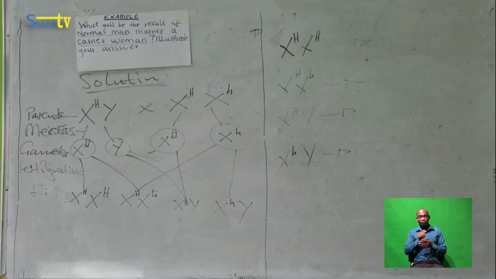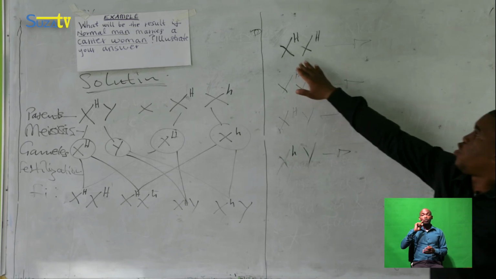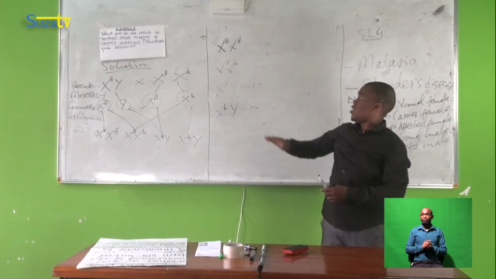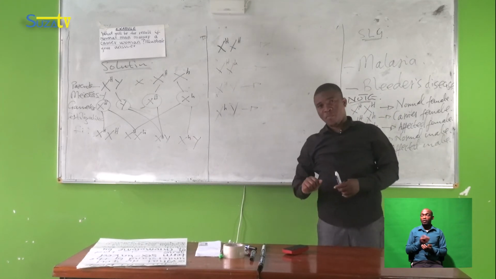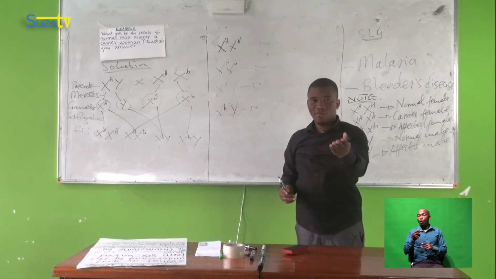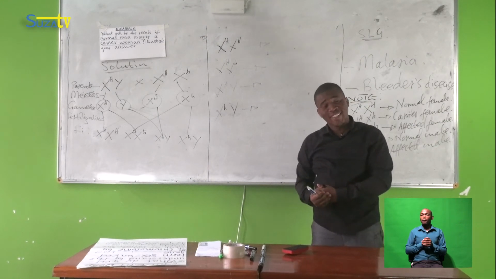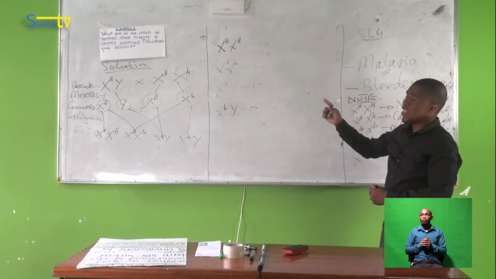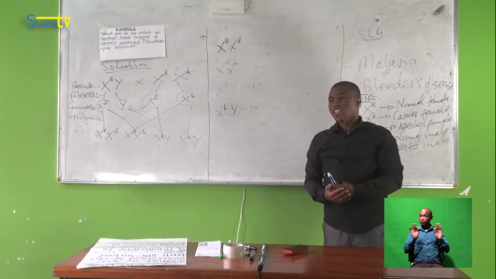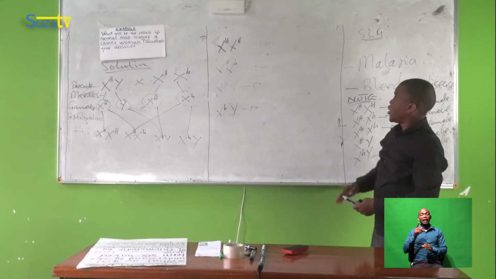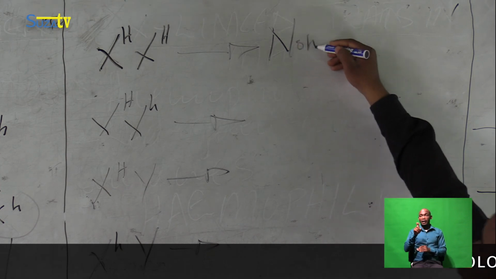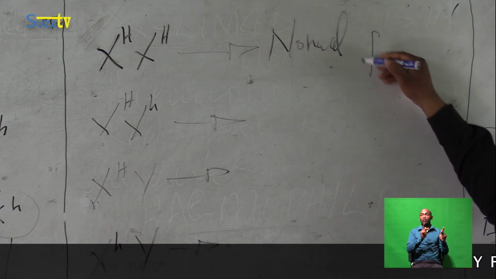I want to try the stage of this one. Who can try, please? Is it carrier, or normal, or affected? Saira, can you try, please? The stage? Thank you very much. Clap one for Saira. Okay, she tried well. So this is a normal female.